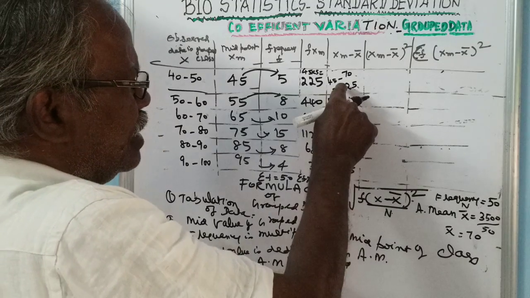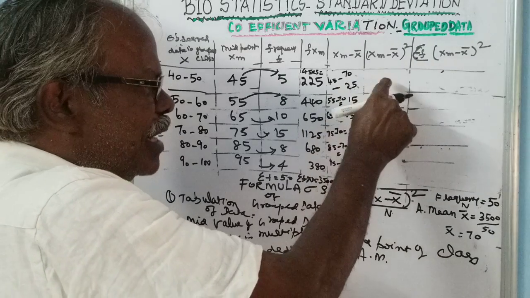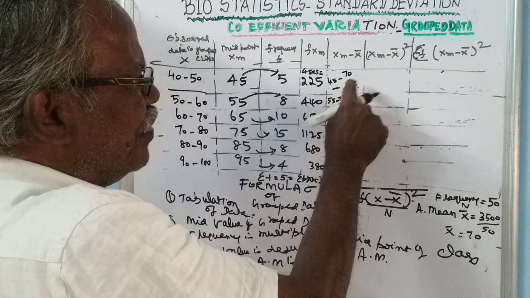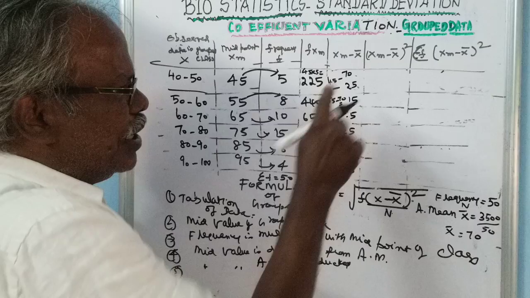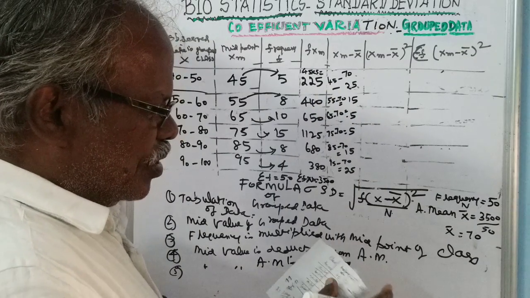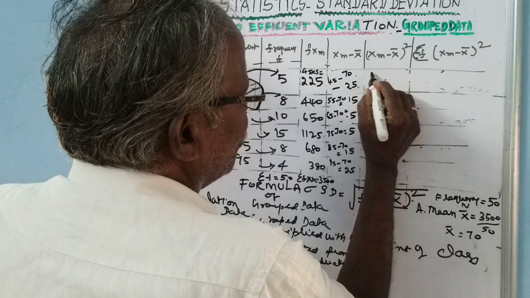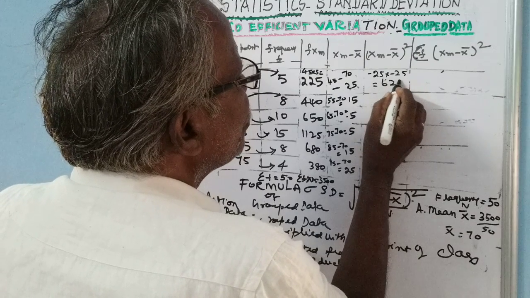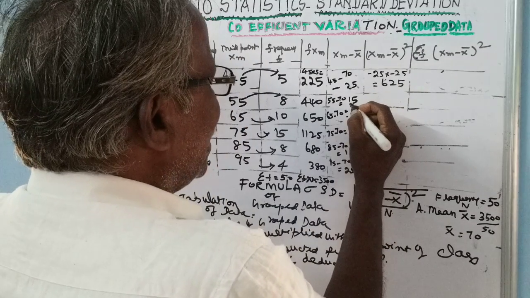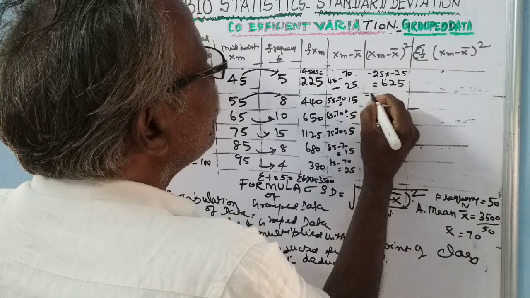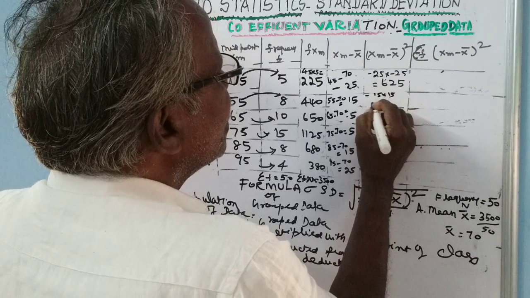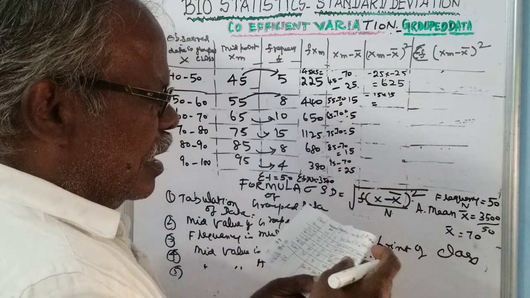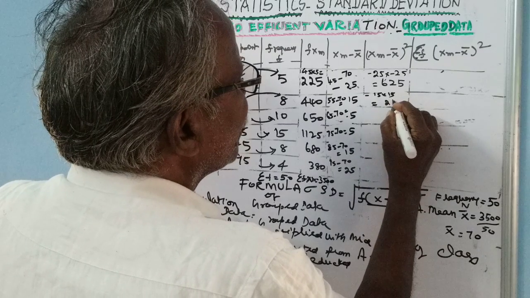Then the square, x sum minus x dash square, is to be found out. That is minus 25 into minus 25, it will be coming to plus 625. Like that, minus 15 into minus 15 is equal to 225.